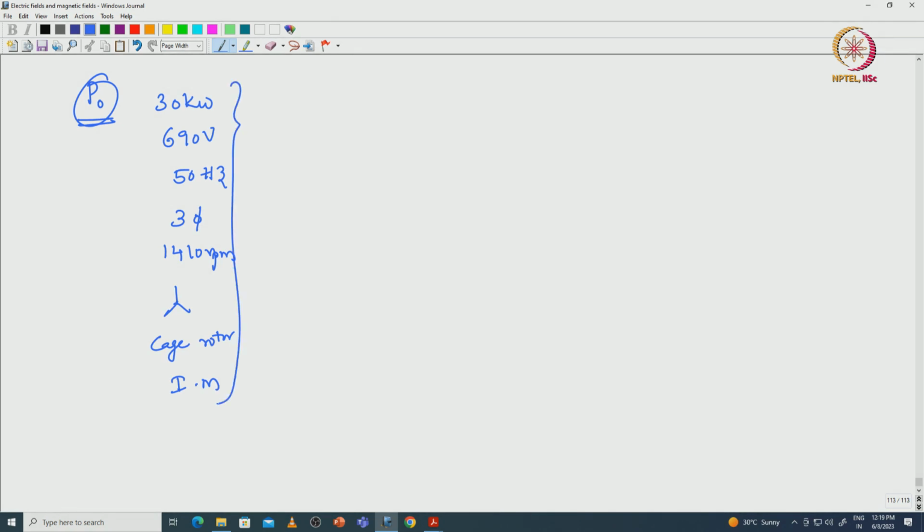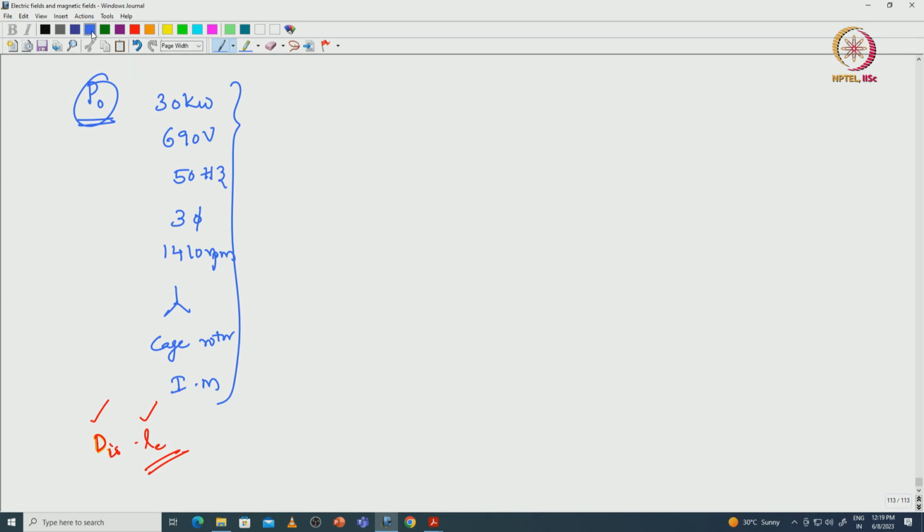So, this is the problem statement. Find the physical dimensions with respect to diameter and length. We want the volume of the machine as well as the dimensions: how much the inner diameter of the stator is and what the length of the stator is.